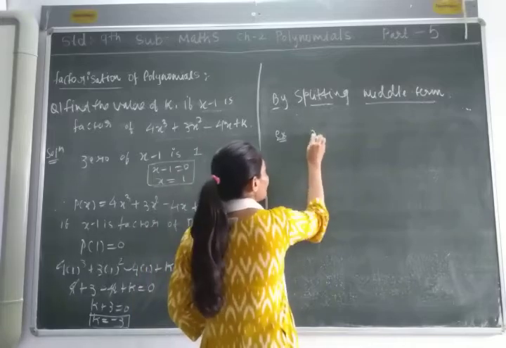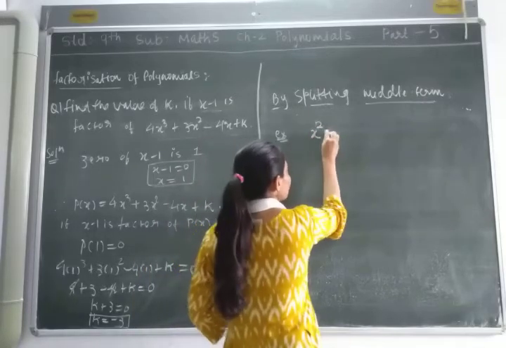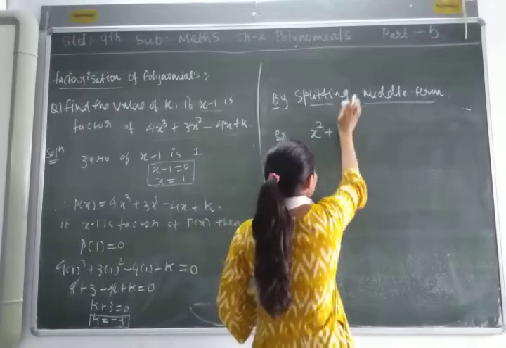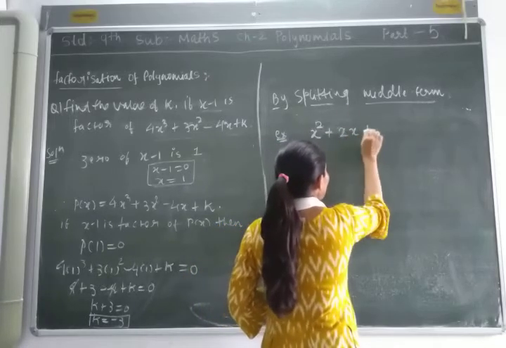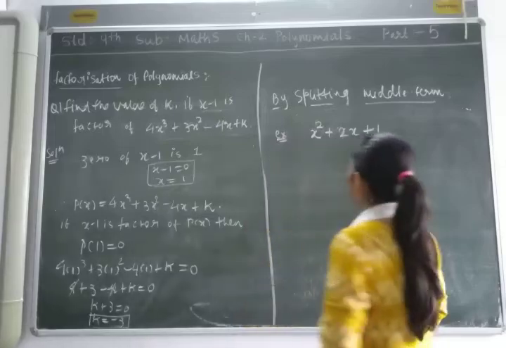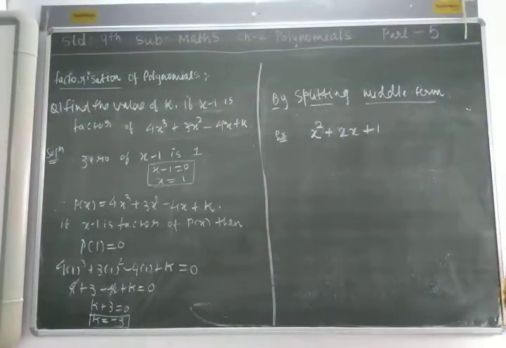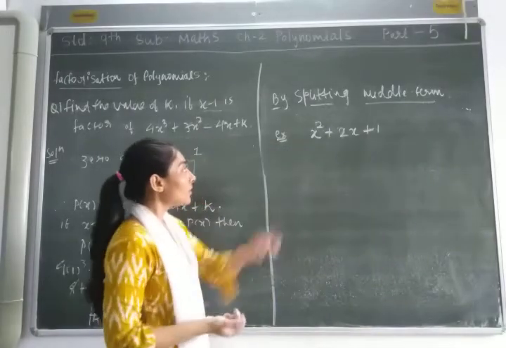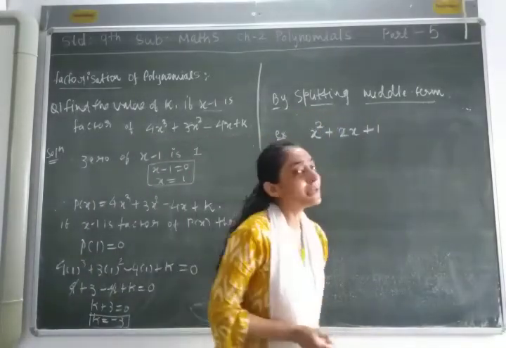For example, if my polynomial is x square plus 2x plus 1, here we are splitting the middle term.